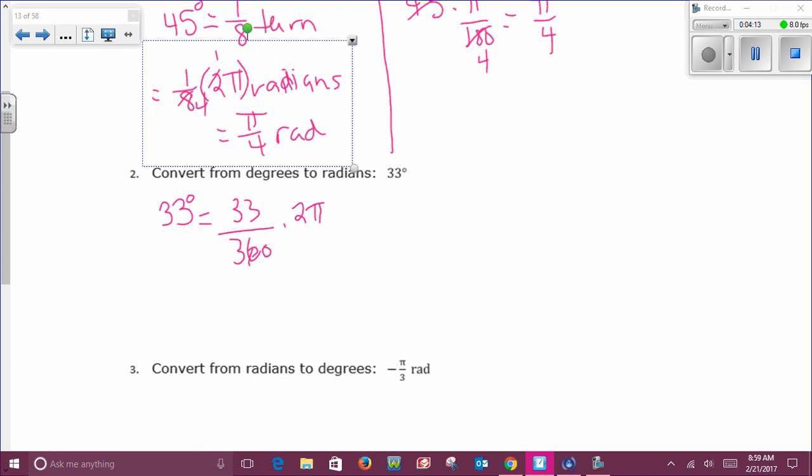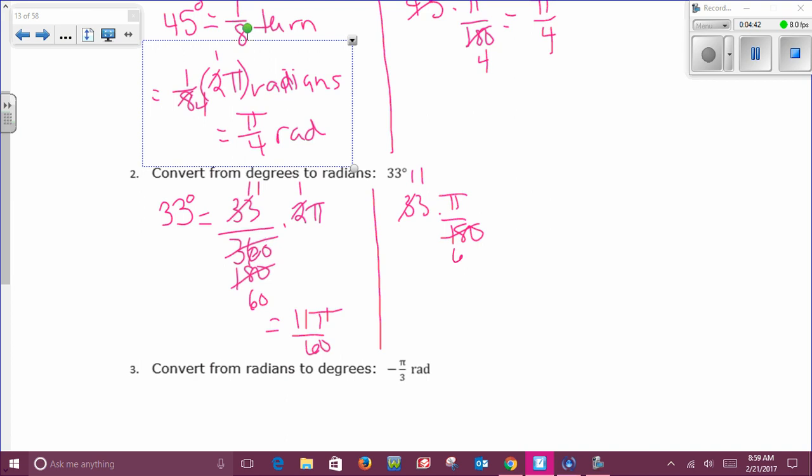And let's see here, 2 goes into 360, or 180 times. 3 goes in here 11 times, and 3 goes in here 60 times. So this would be equal to 11 pi over 60. Or I can just do the shortcut, which is 33 times pi over 180. And 3 goes in here 11 times, 3 goes in here 60 times, so you can still see that that's 11 pi over 60.